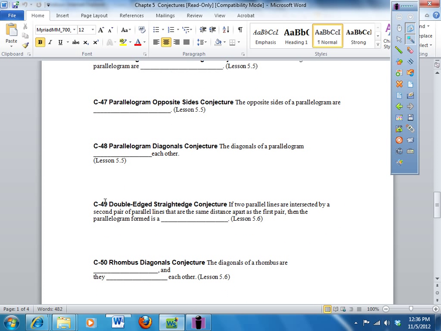If two parallel lines are intersected by a second pair of parallel lines that are the same distance apart as the first pair, then the parallelogram formed is a rhombus, okay?